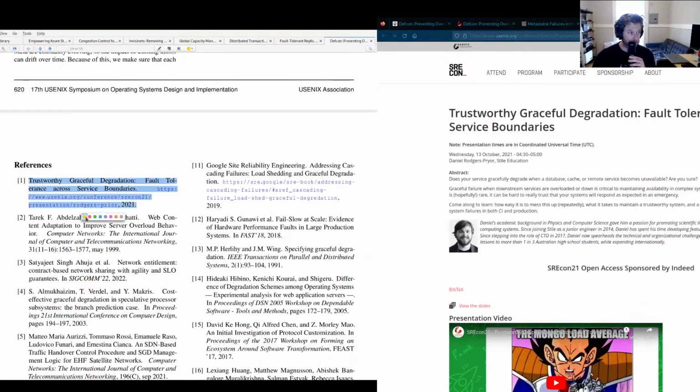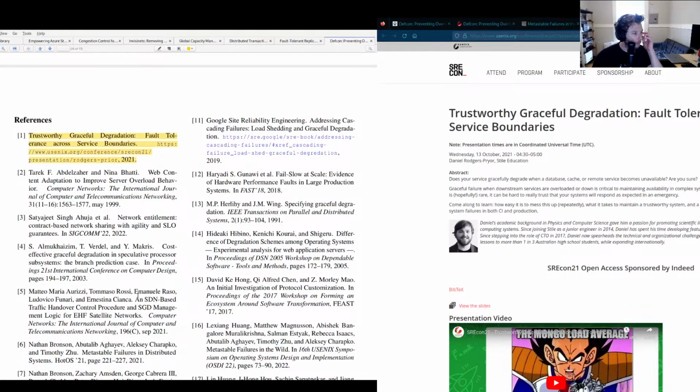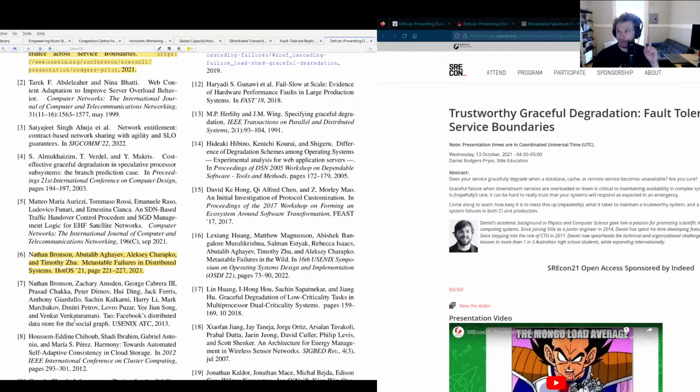From SREcon, it's another of the Usenix conferences, as you can see here. Very cool. They even referenced the metastable paper. So that's exactly what I was just talking about. Very cool. Not planned. I promise that I haven't read this paper.